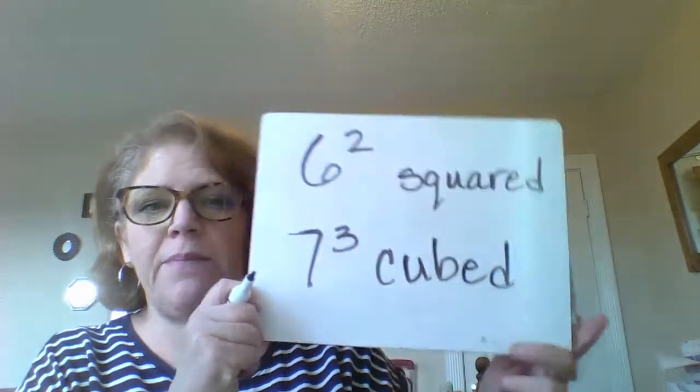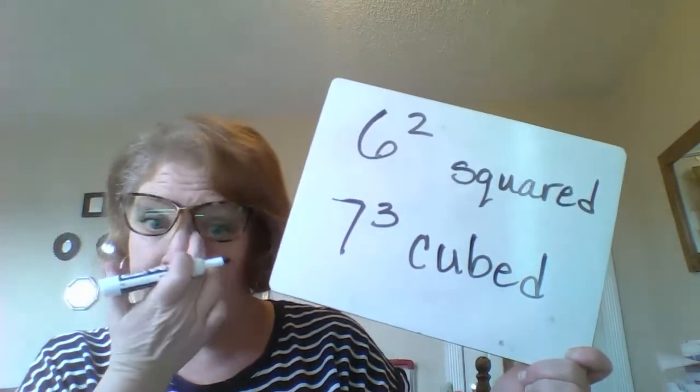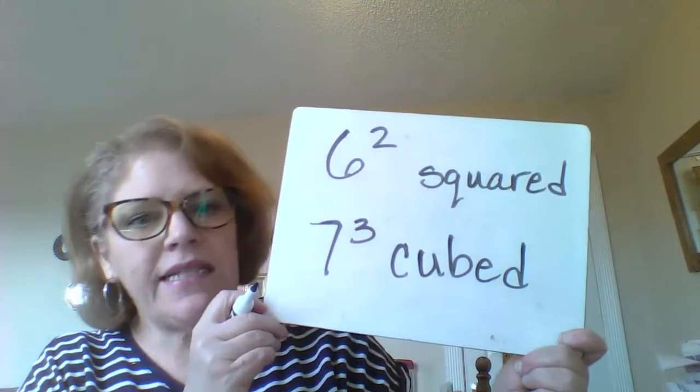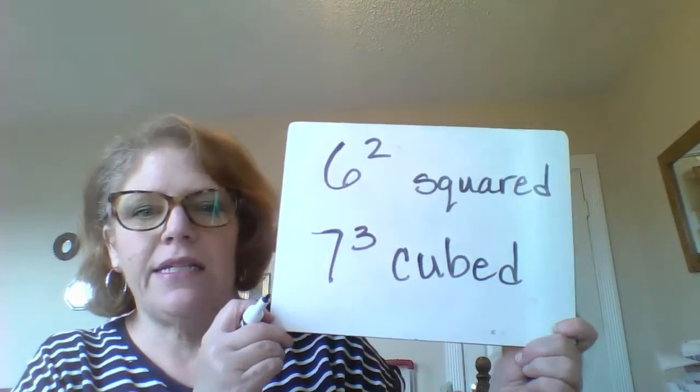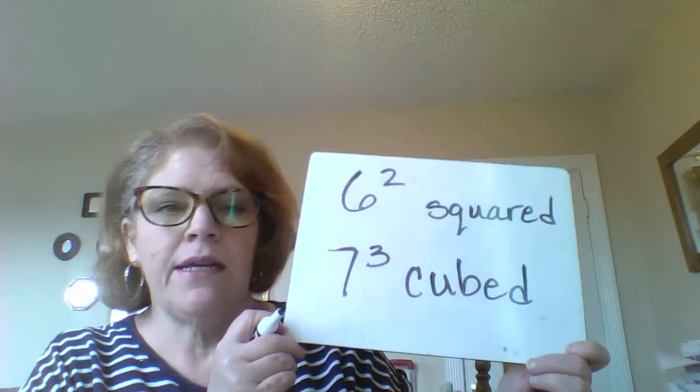The other two words that we learned were cubed and squared. If you remember, any number brought to the power of 2 is called squared, and any number brought to the power of 3 is called cubed. 6 to the power of 2 is also 6 squared, and 7 to the power of 3 is also 7 cubed.